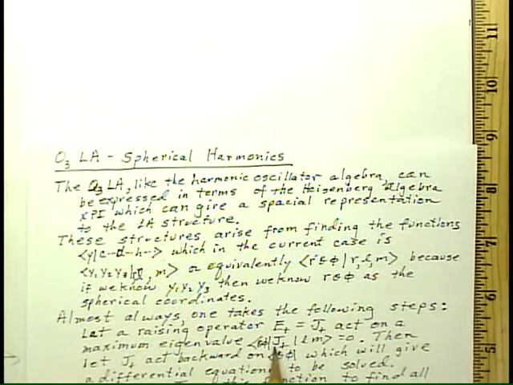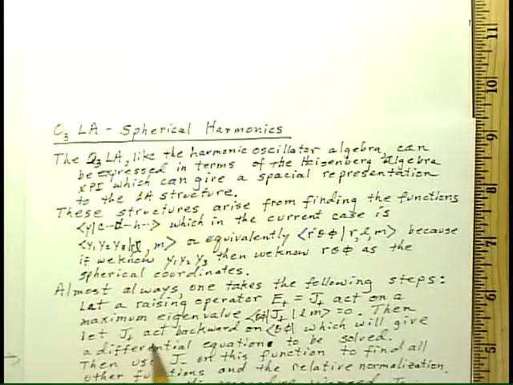We can also re-express J plus as it acts backwards onto the r, theta, and phi, because we know how J plus, if it's an orbital angular momentum operator, can be written in terms of position and momenta. And of course that's the key. This abstract algebra must have a way that we can rewrite it in terms of position and momenta.